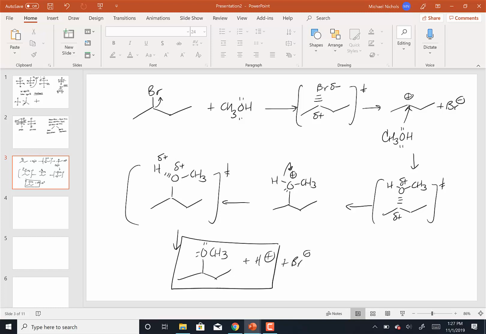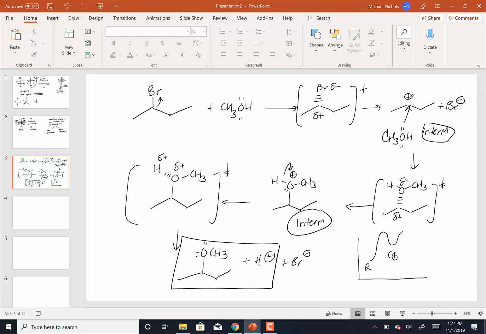So are the carbocations intermediates? So this is an intermediate, and the oxonium ion is an intermediate. So if I plotted out the coordinate diagram for this, I would start at reactants and go through the first transition state to get to the C plus.